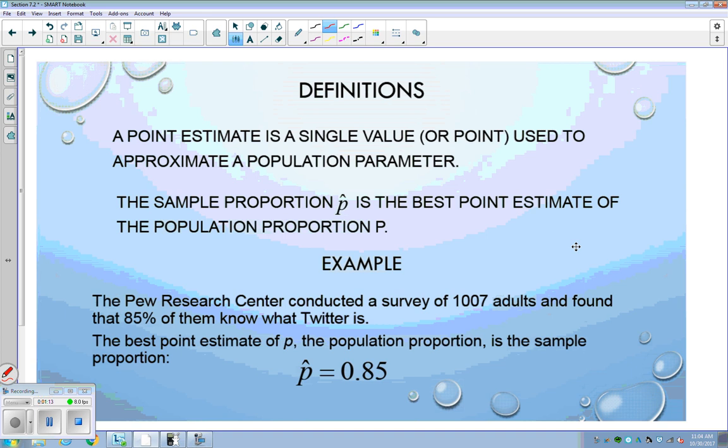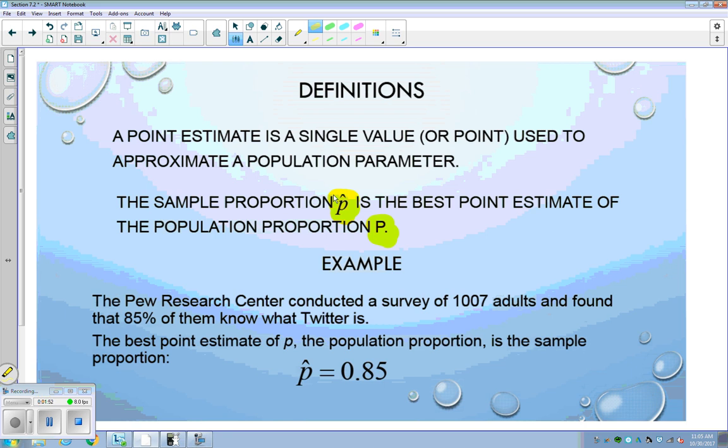A point estimate is a single value or point used to approximate a population parameter. I don't think we've had that little P with a thing over it yet, have we? No? Okay. The sample proportion, pronounced P hat, is the best point estimate of the population proportion P. You want to make sure you recognize the difference.